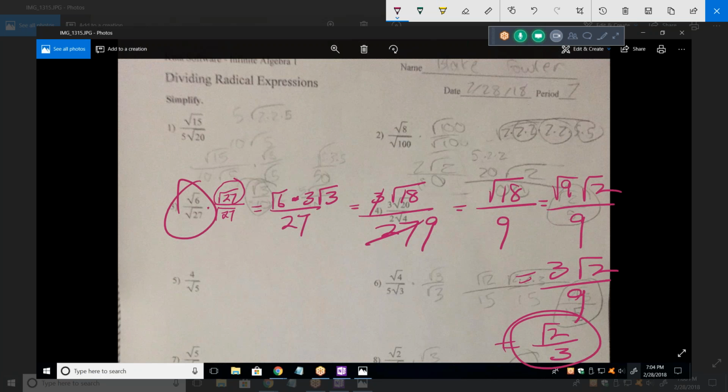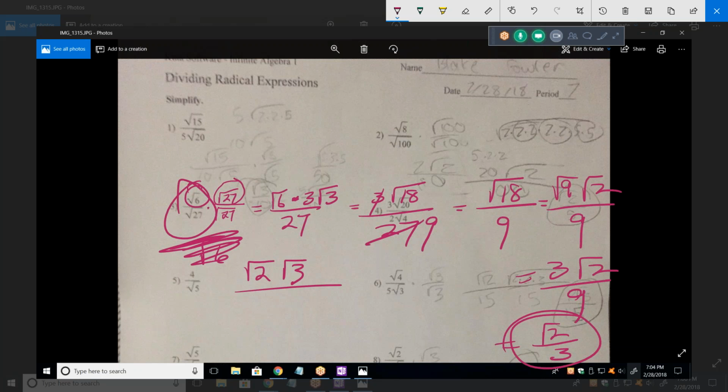Might have been able to get there a little easier, but this method never goes wrong. Let's just take a second here. If I were to write the numerator as root 2 times root 3, I can do that with root 6.